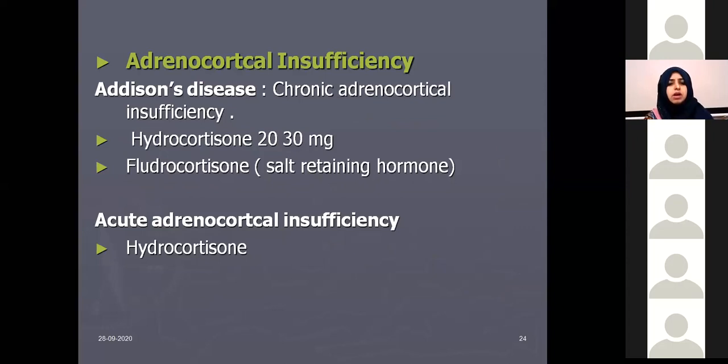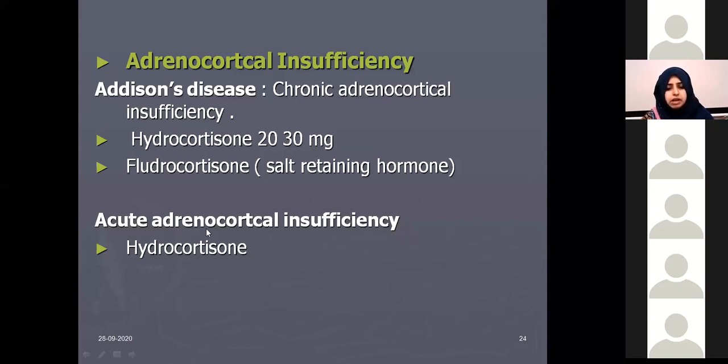Let's talk about adrenocortical insufficiency. In Addison's disease, chronic adrenocortical insufficiency, we have to give hydrocortisone and fludrocortisone because it has a mineralocorticoid action. Hydrocortisone should be given at a dose of 20 to 30 milligrams.